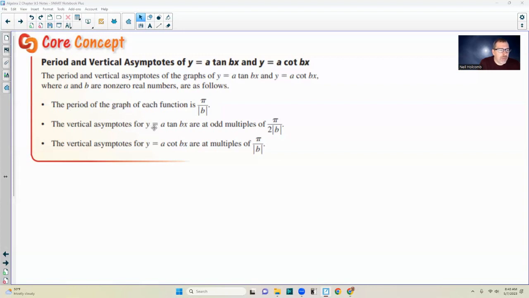The vertical asymptotes for y equals a tan bx are odd multiples of pi over 2 times the absolute value of b. The vertical asymptotes for y equals a cotan bx are at multiples of pi over the absolute value of b. So when we put a number in front of the function or in front of what we're taking the tangent of, these characteristics will come into play, and we'll take a look at that in examples.